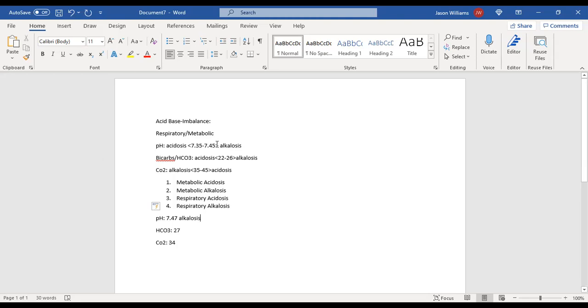Now, whenever the bicarbs are out of range, you want to think of a metabolic issue. If the CO2 is out of range, think respiratory issue.